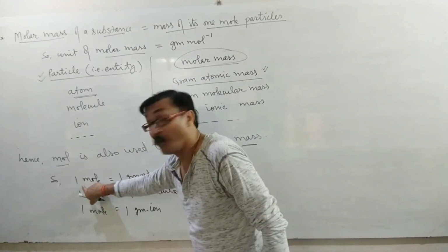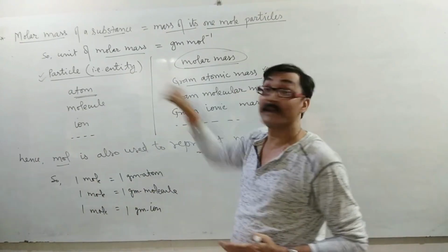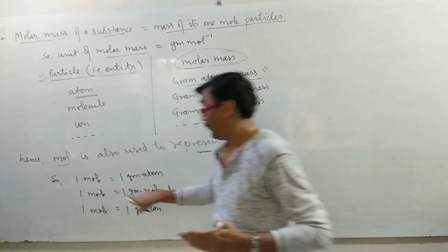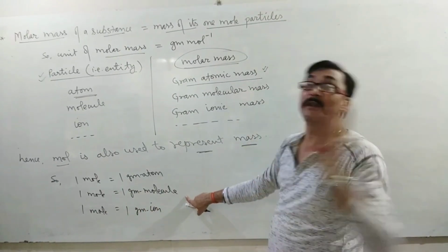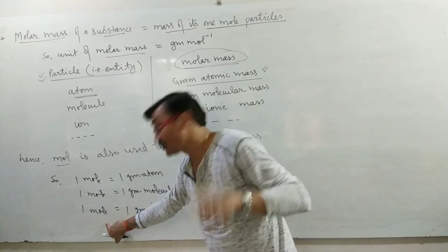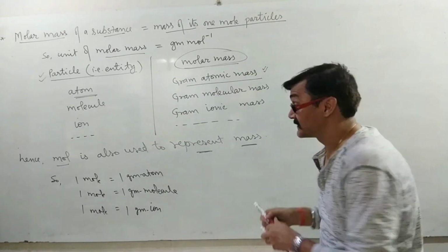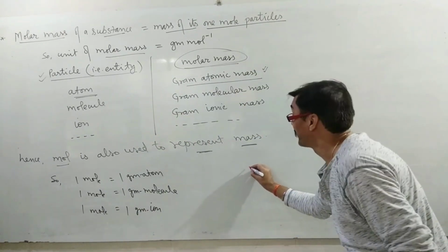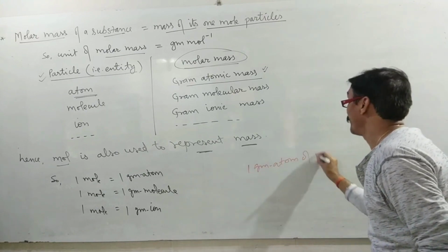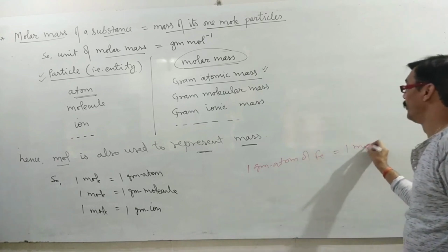Not only number, mole can also be used to represent mass. That is why 1 mole is also called 1 gram atom if the particles are atoms. 1 mole may also be called 1 gram molecule if the particles are molecules. And 1 mole of ions may also be called 1 gram ion. But here is a little difference. If I say 1 gram atom of iron, it means 1 mole of iron.